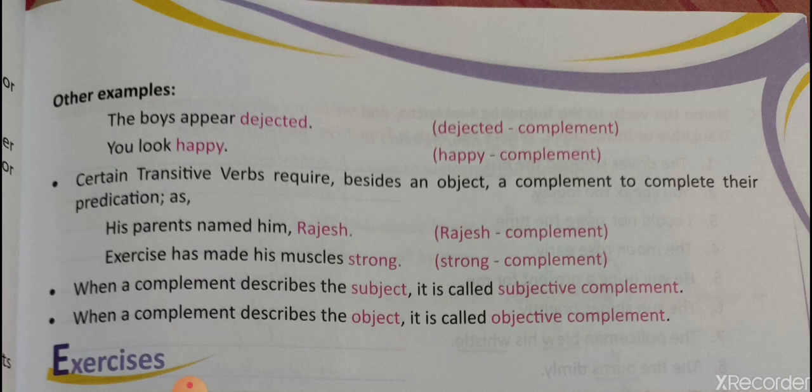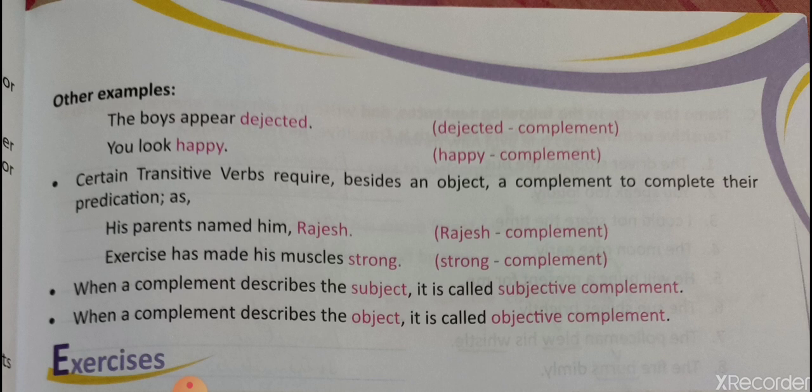To whom is Rajesh describing? He is describing him, the kid. That is why it is an objective complement. If this were the sentence "The kid was named Rajesh by the parents," it would have become a subjective complement.